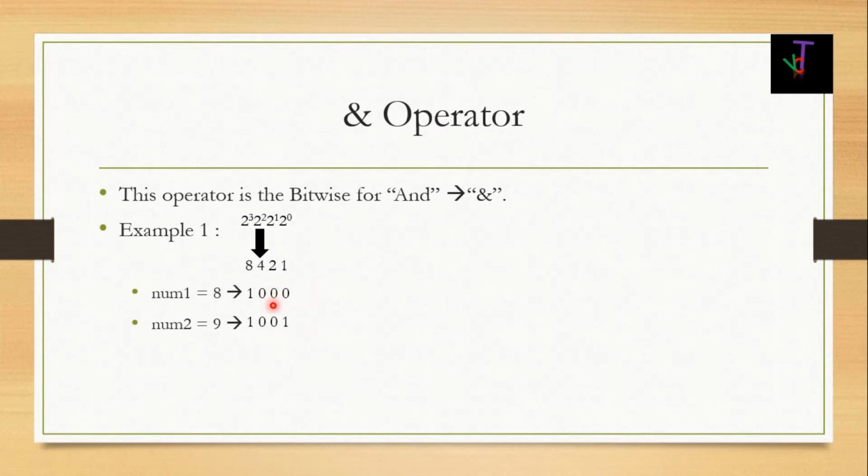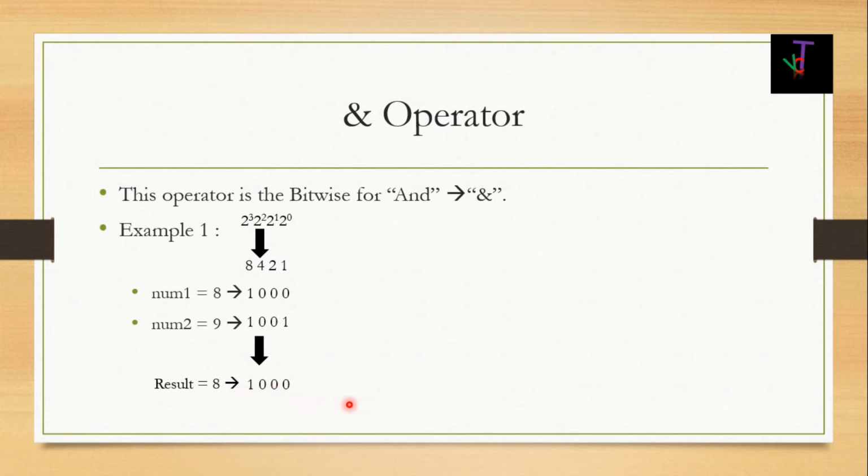Then both of them are false, that is 0 and 0, that's going to be 0. Then again 0 and 0, that's going to be 0. But over here it is 1 and 1, so that means the result is going to come out as 1. So the result is going to be 8, that is 1 0 0 0.